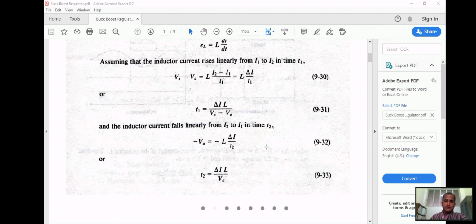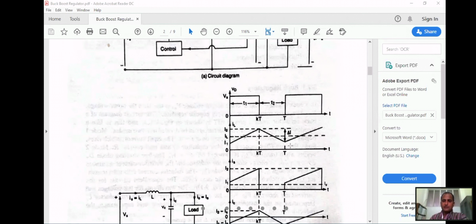During the time T2, during the off mode, it falls from I2 to I1. But during T1, it rises linearly from I1 to I2. So the load current is constantly increasing from I1 to I2 during T1, and it decreases from I2 to I1 during T2.